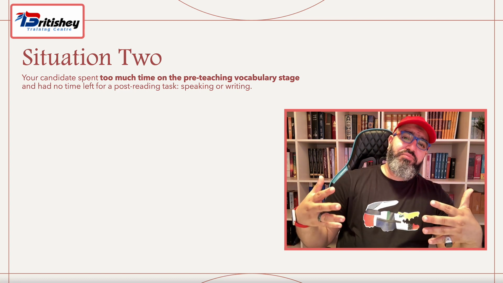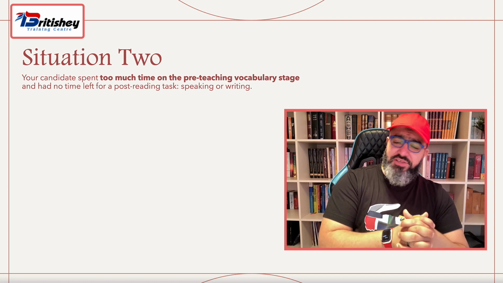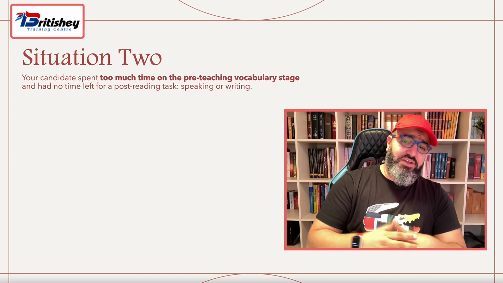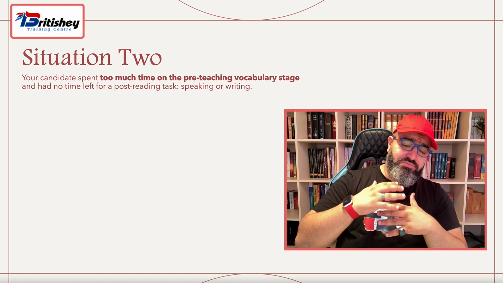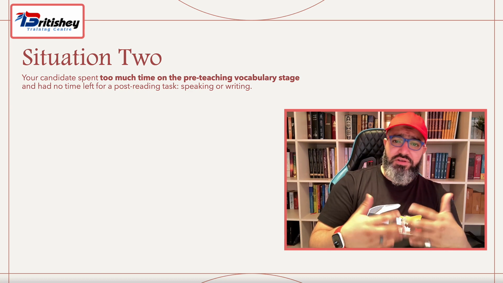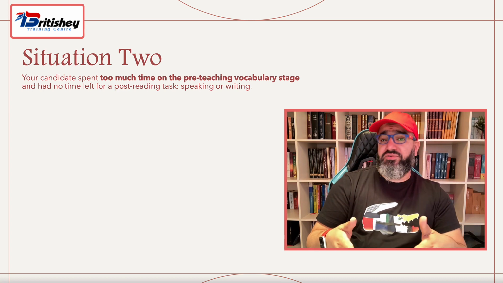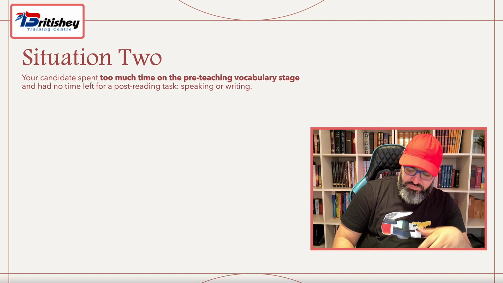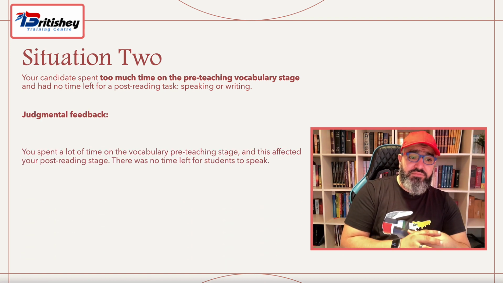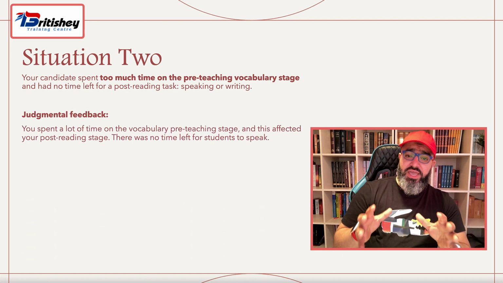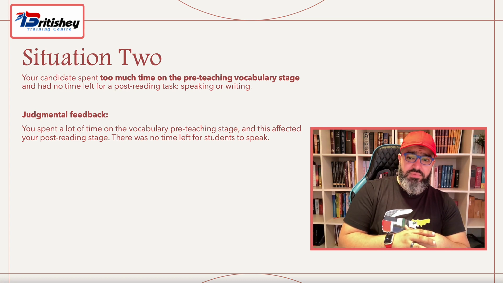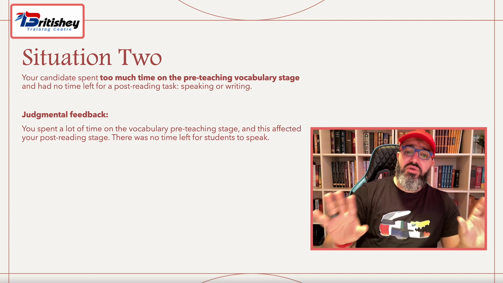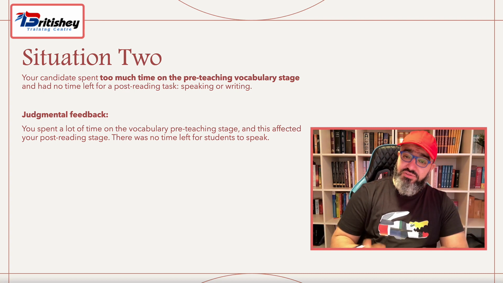Which means that this is a receptive skill lesson where the candidate heavily focused on vocabulary, and that affected the last stage, which is post-reading, where you can either deliver a speaking task, a writing task, or a text analysis task. So, judgmental feedback would sound like this. You spent a lot of time on the vocabulary pre-teaching stage, and this affected your post-reading stage. There was no time left for students to speak.